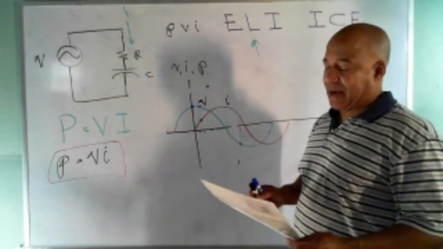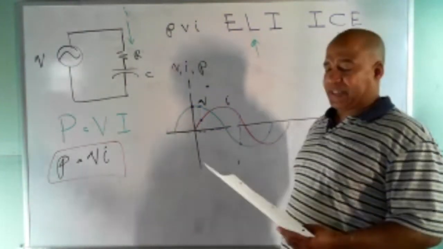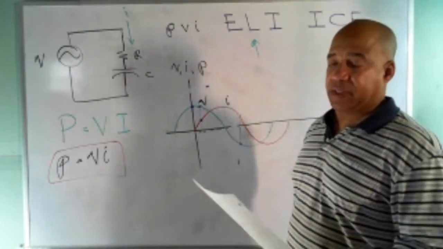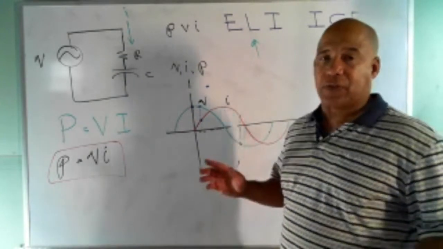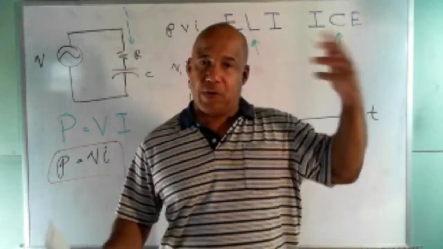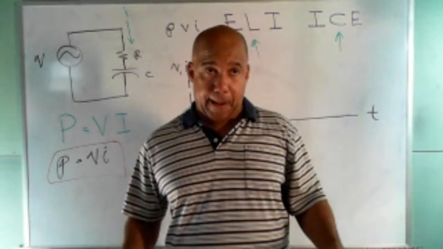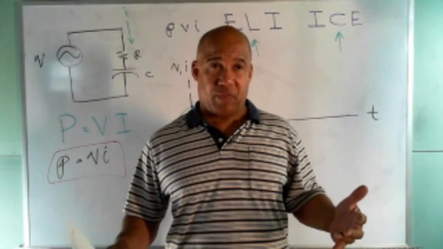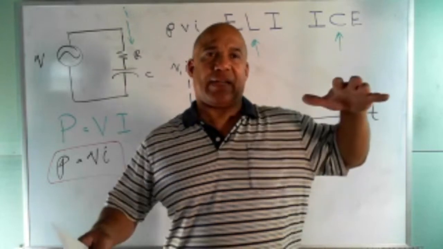This graph, I don't know where I got this from. I don't remember whose book this came from, but this is actually a really good thing to look at, because power is very abstract. I can think of current. I just view current as like an arrow flowing through a circuit. I can even mentally picture a voltage. A voltage to me is just a pressure.